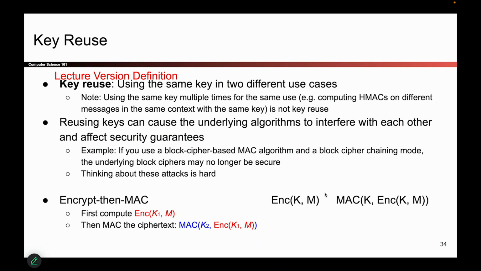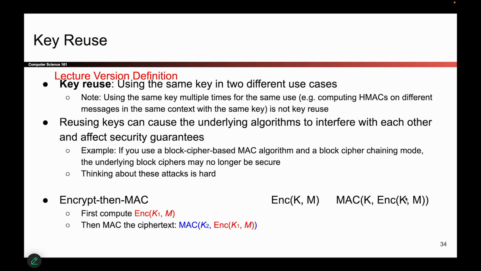So for example, if the encryption scheme is based on a block cipher, for example, one of those block cipher chaining modes, and your MAC scheme is using another block cipher-based algorithm, so there are some MAC schemes that use block ciphers out there, well, then now you have a scheme that's using a block cipher and another scheme that's using a block cipher, and it's possible that those schemes interfere with themselves in very subtle ways.